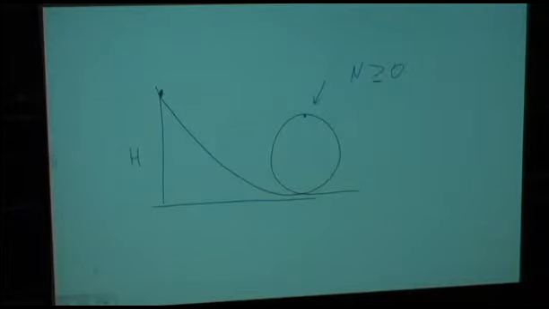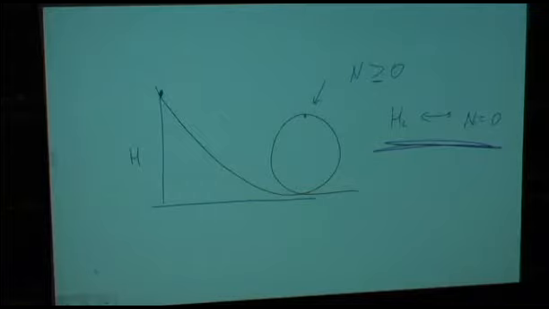The magnitude of the normal force can't be less than 0, because magnitude is never negative. So H critical means the normal force equals 0. That's the first statement that has to be made.